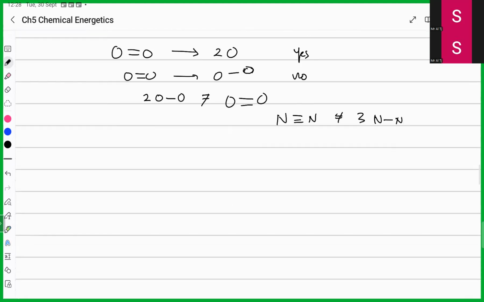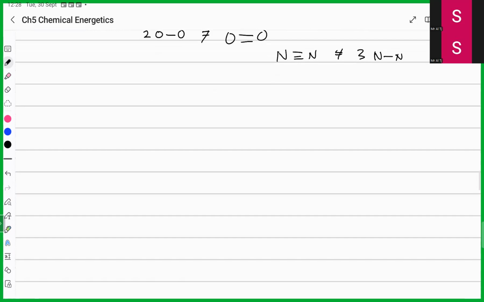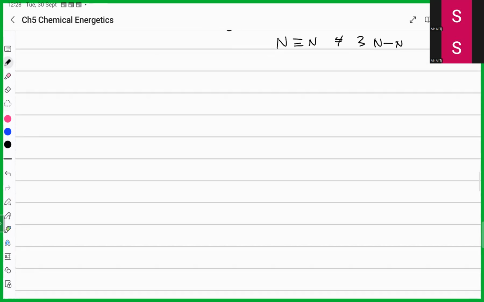Now, how about the enthalpy change during a chemical reaction? We start with the simple idea that chemical reactions are a rearrangement of atoms. So how can we arrange atoms?